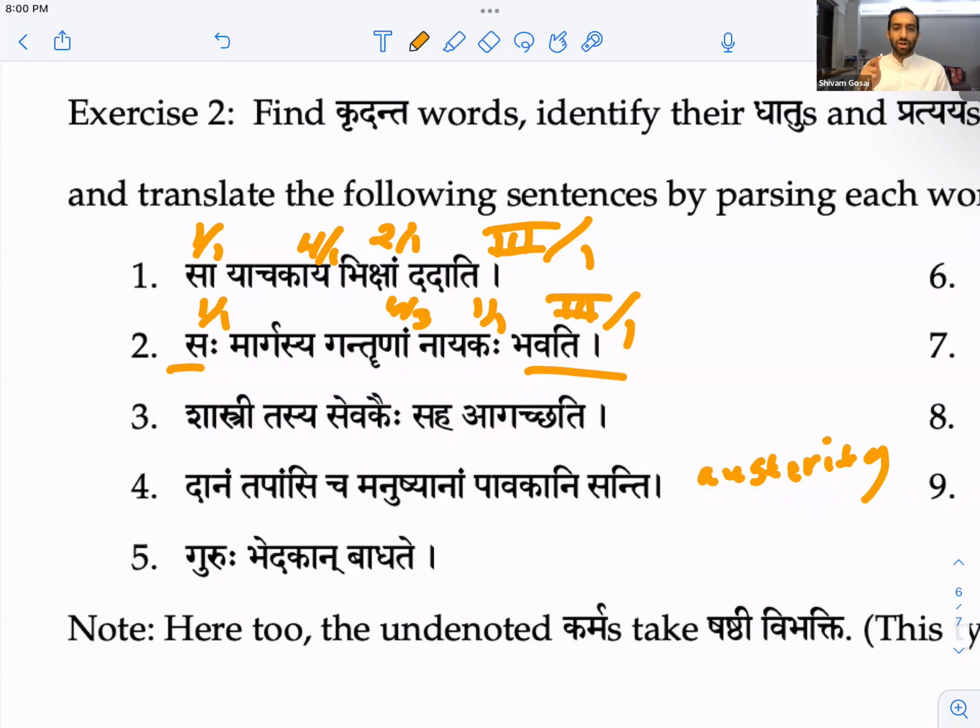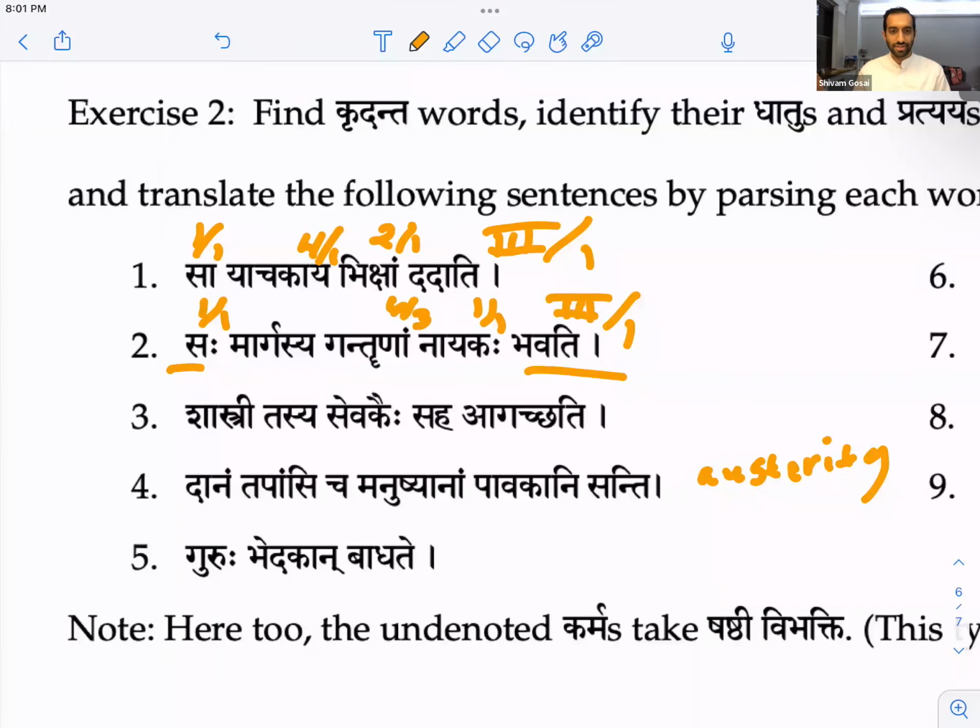If I know gam, I know go, and I know tru, I know ER. So it's a goer, one who goes. One who goes, sometimes we call a traveler, a pedestrian. It depends on where he's going, right? But goer, simply, we can get that much. So he is the leader of or among the travelers.